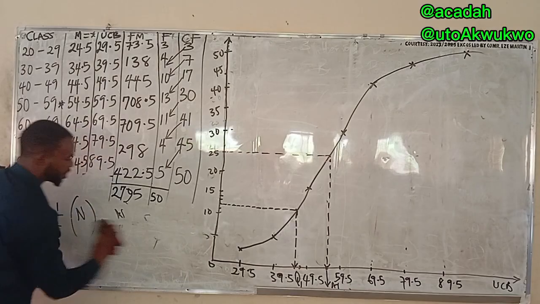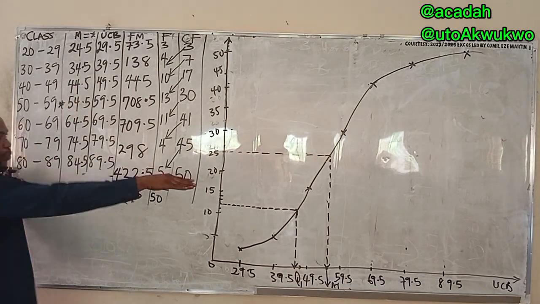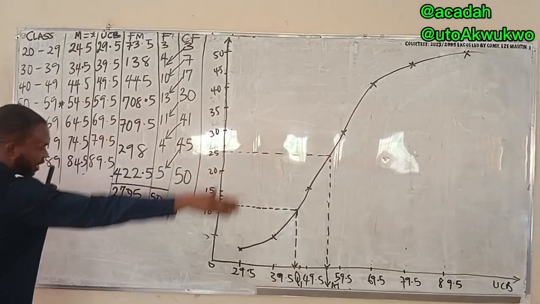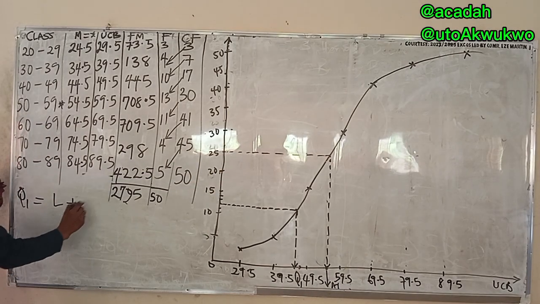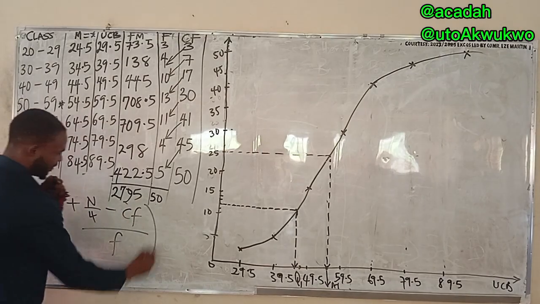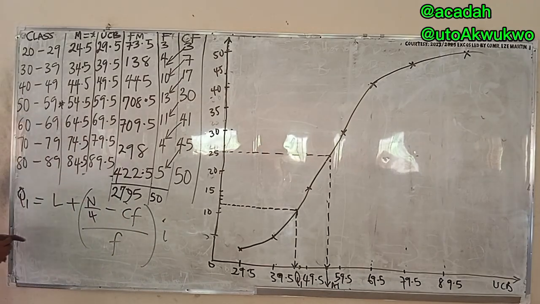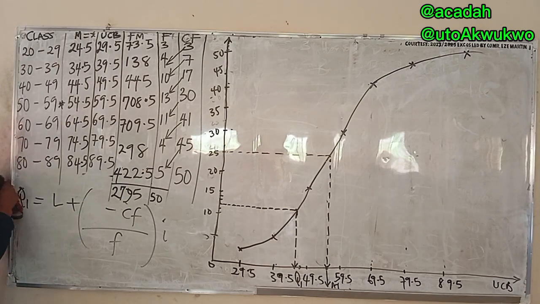So using our formula, I'm doing it now on a rough notebook. Q1 will be equal to L plus N over 4 minus CF, all over F, times class interval. You know that this N over 4 we got to be 12.5.